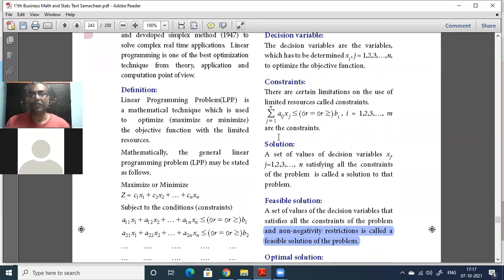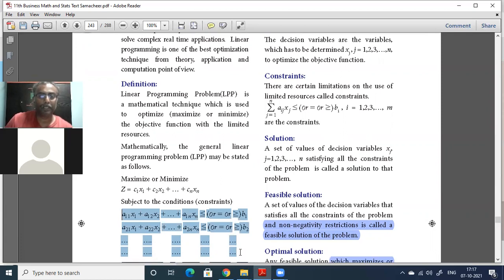Then solution. What is a solution? A set of values of decision variables x1, x2, x3 which satisfy all the constraints of the problem. See, all these constraints are satisfied.